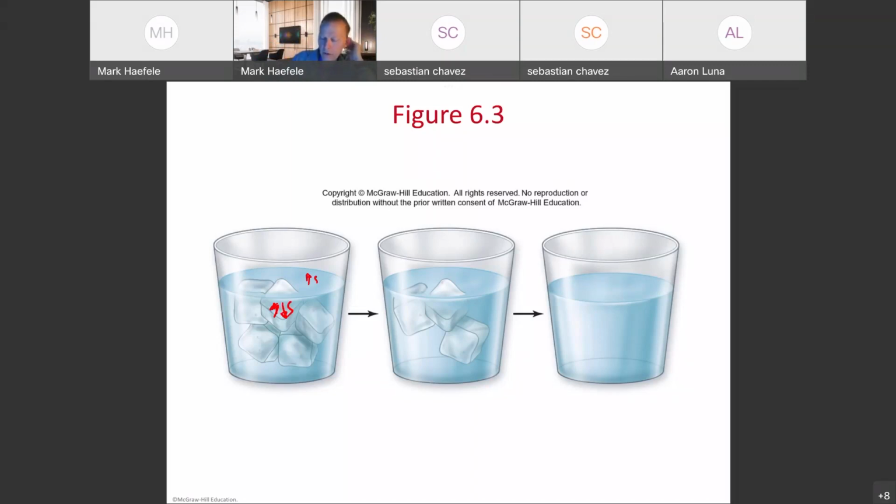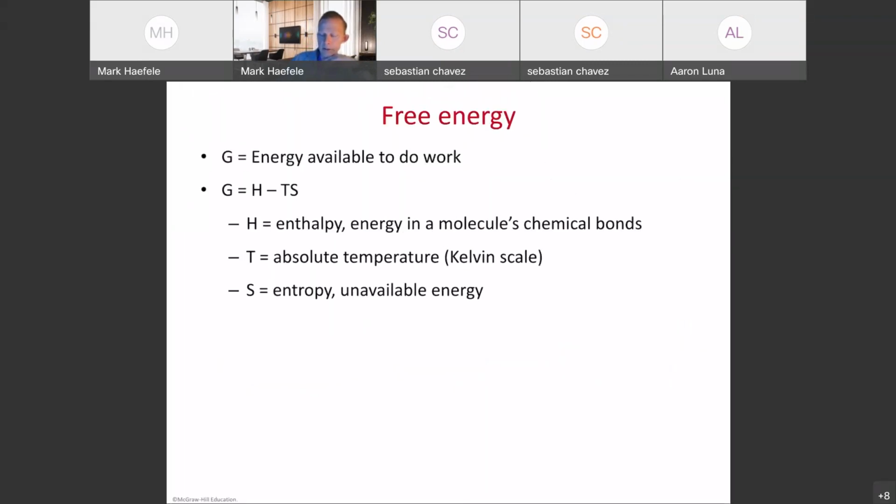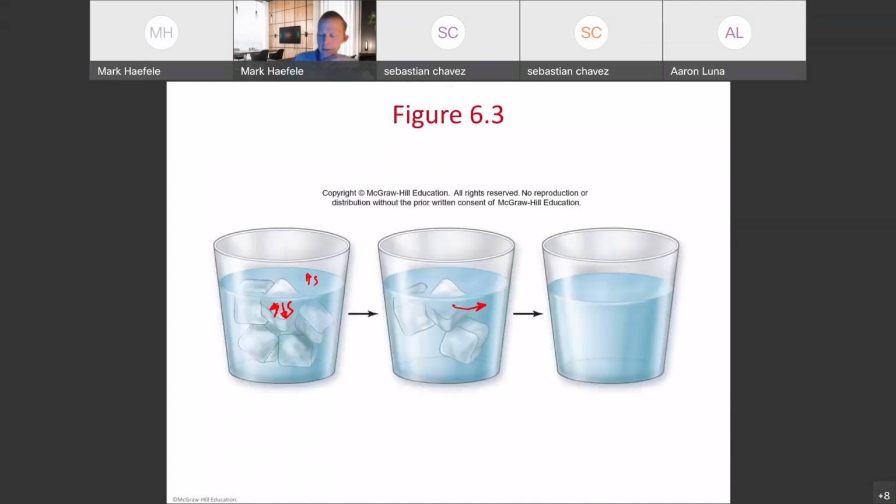And so ultimately what the ice wants to do is proceed toward a state of disorder. So it's going to achieve that state, which means it's going to turn into a liquid. And as it melts, it's going to be giving off heat. Ultimately that's going to be realized as a melting process where all the ice has achieved maximum disorder.